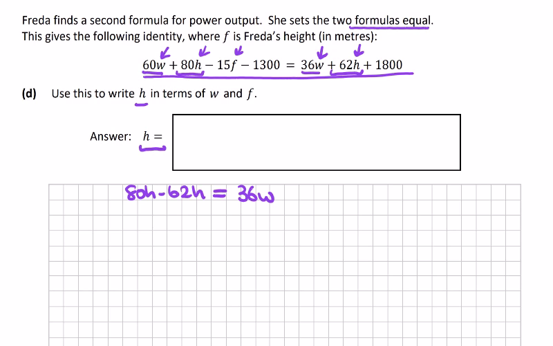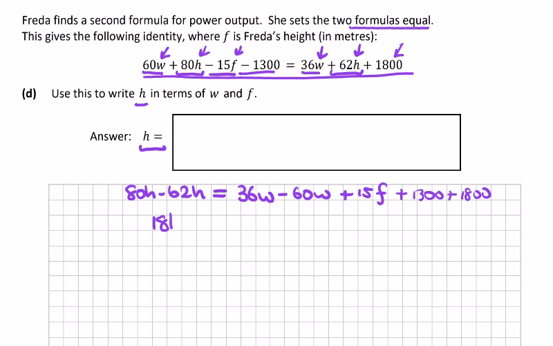We're bringing across 60, so minus 60W. We're bringing across the minus 15F, so plus 15F. We're bringing across minus 1300, and we already had this plus 1800, so that's plus 1300 plus 1800.